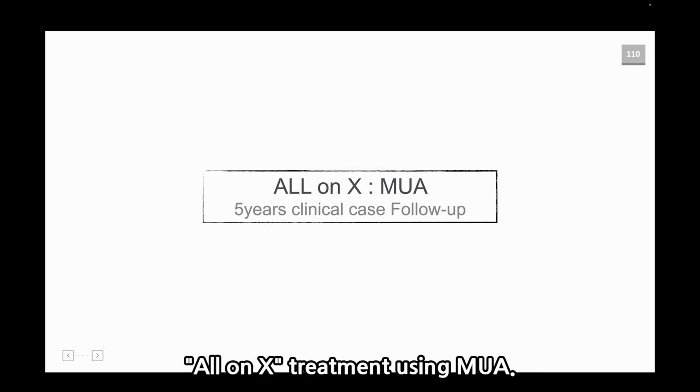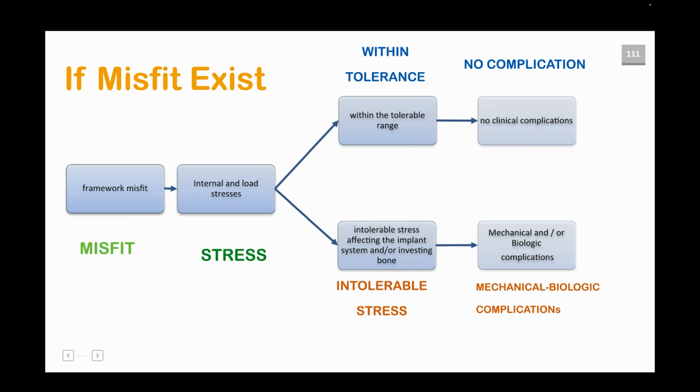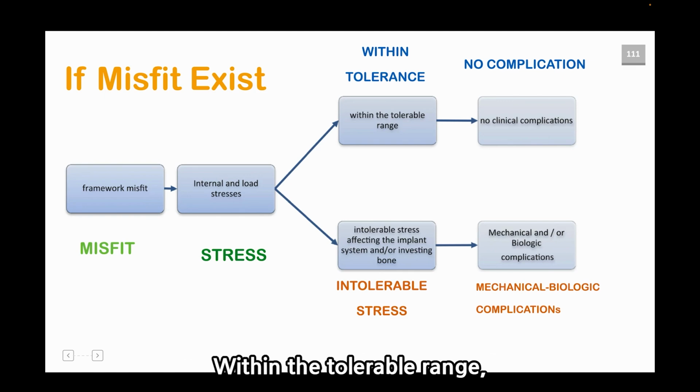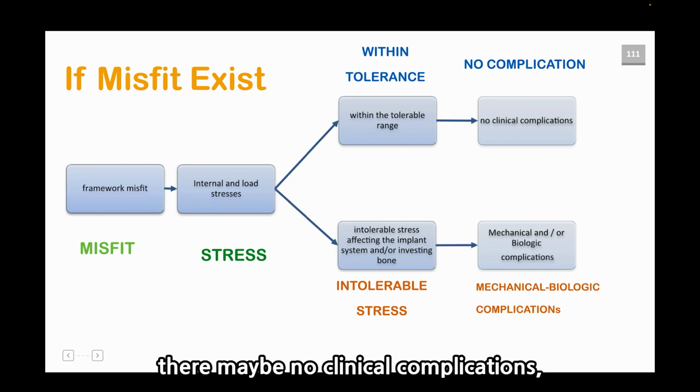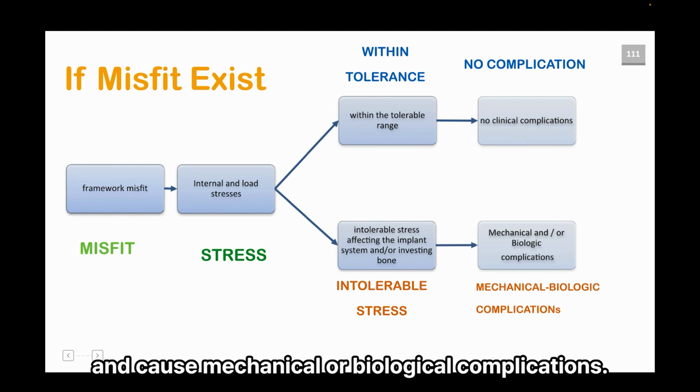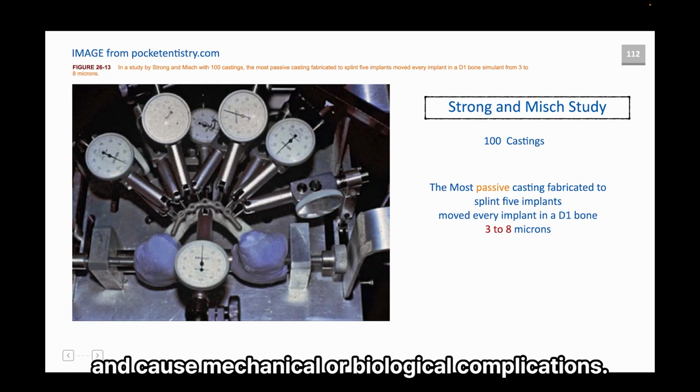Let's look at the 5-year follow-up of full arch treatment using MUA. Despite our best effort, what happens if there is a misfit? Within the tolerance range, there may be no clinical complication, but too large misfit can create internal stress and cause mechanical or biological complication.